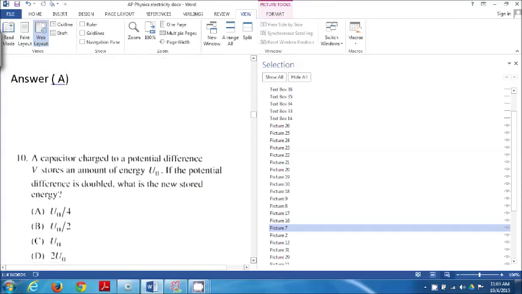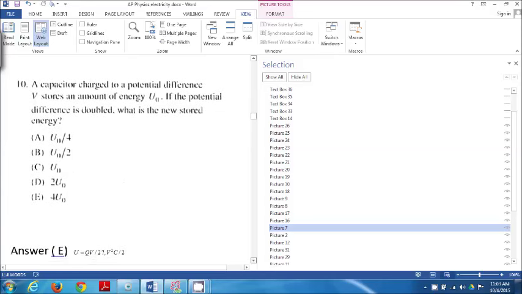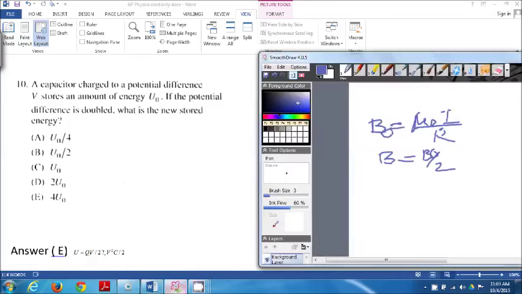Now, a capacitor charged to a potential difference V stores an amount of energy U0. If the potential difference is doubled, what is the new stored energy? See, the energy in a capacitor is given by U is equal to 1 over 2 QV.